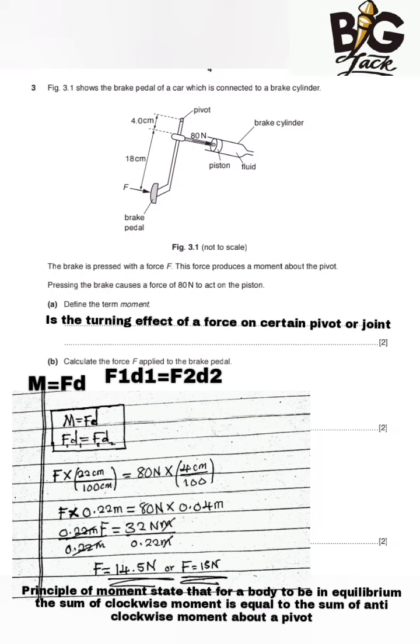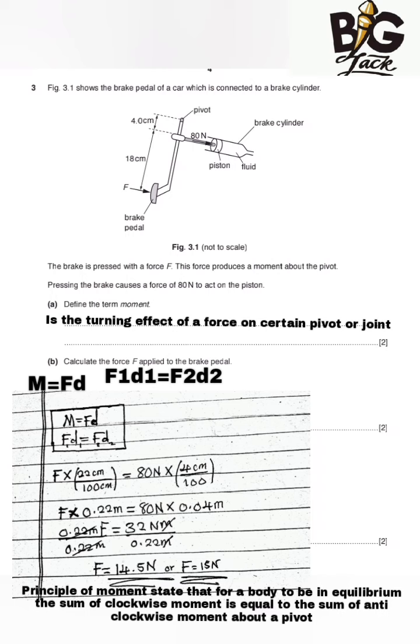Since 1 meter is equal to 100 centimeters, we say 22 centimeters divided by 100 centimeters, which is equal to 0.22 meters. That is multiplied by F.